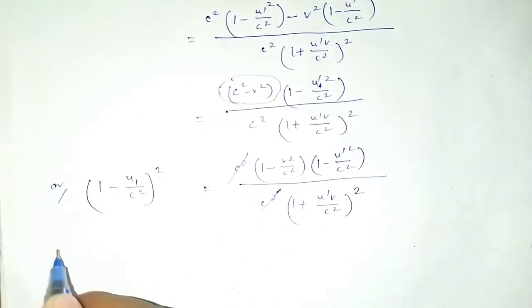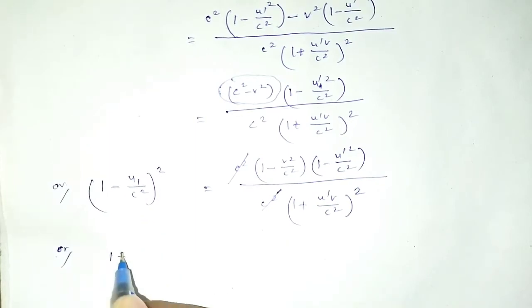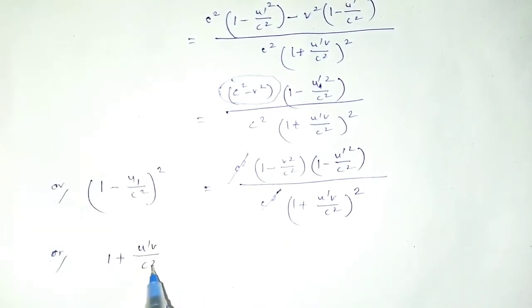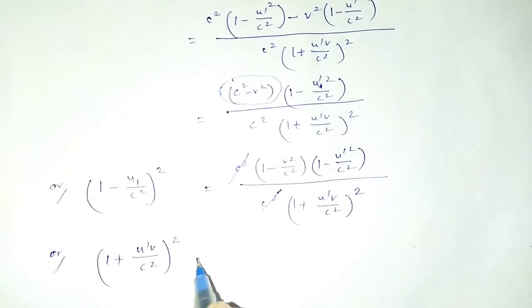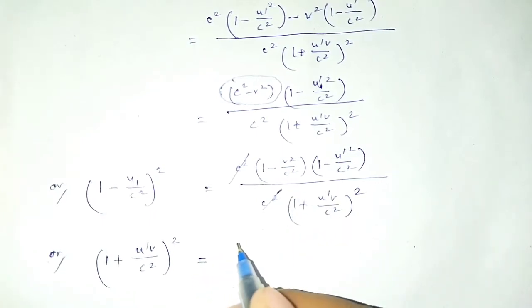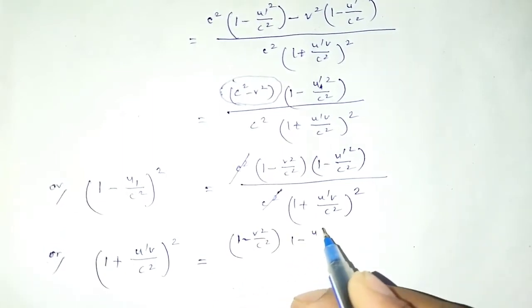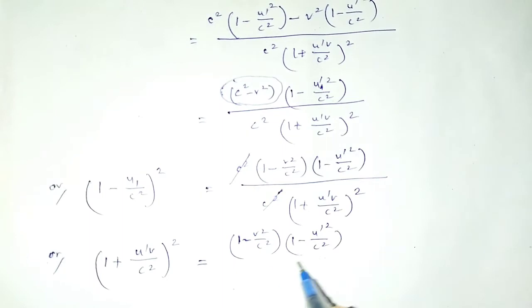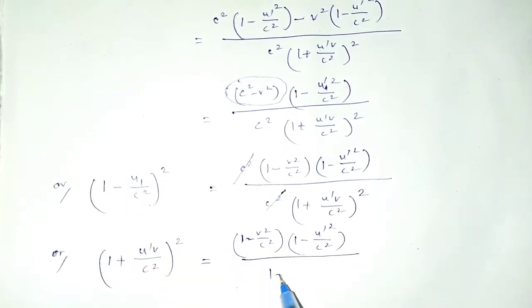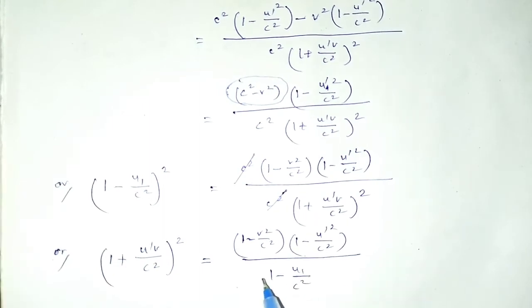Therefore, we can write, taking to that side, 1 plus u dash v divided by c square whole square is equal to 1 minus v square by c square into 1 minus u dash square by c square divided by 1 minus u1 by c square whole square.